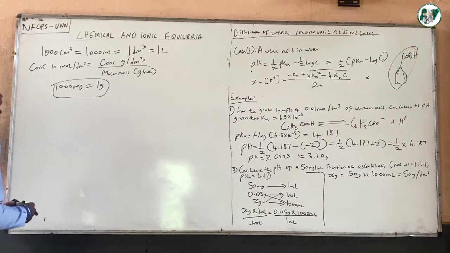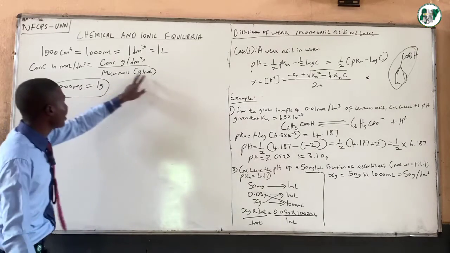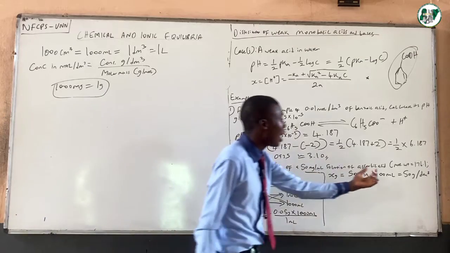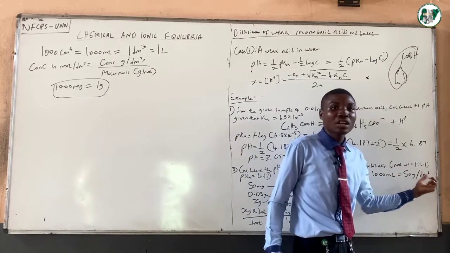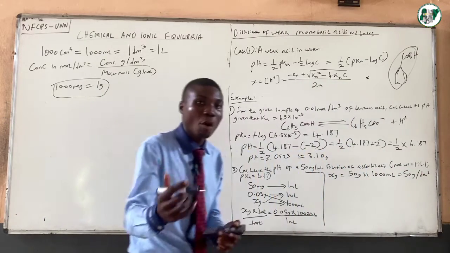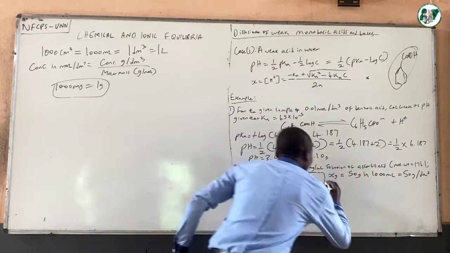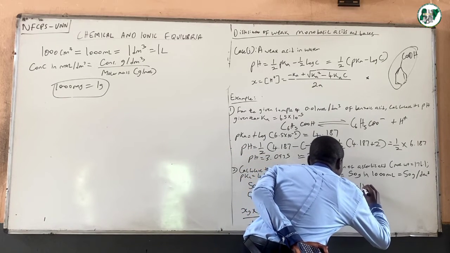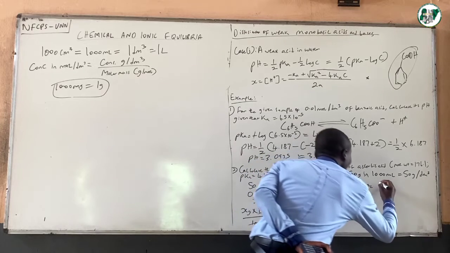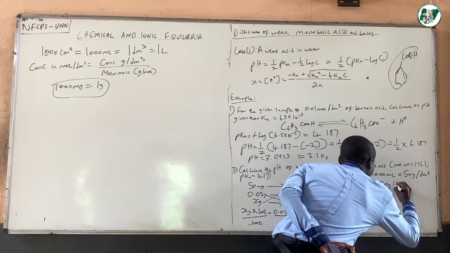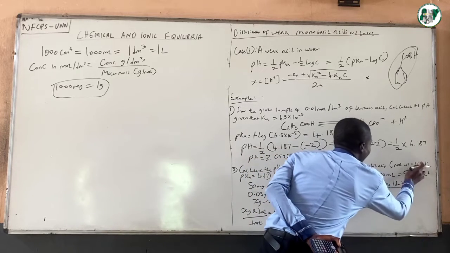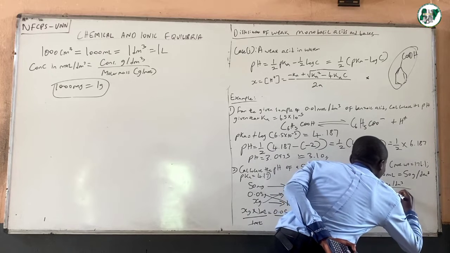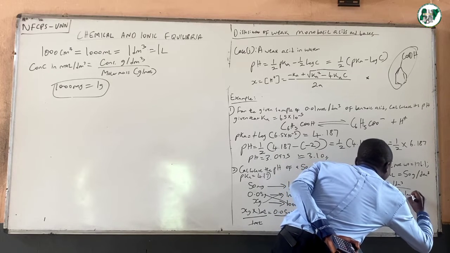The concentration in gram per dm cube, we have gotten it. What about the molar mass? The question gave us the molar mass as 176.1. So can we get our concentration in mole per dm cube? Yes, we can. Our concentration in mole per dm cube is equal to 50 gram per dm cube divided by our molar mass of 176.1 gram per mole.